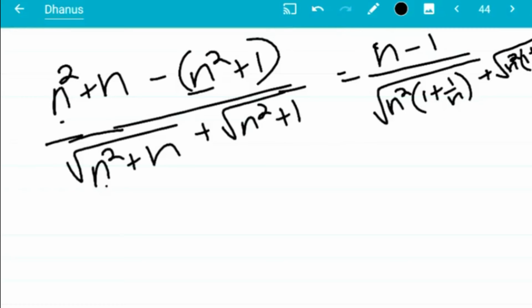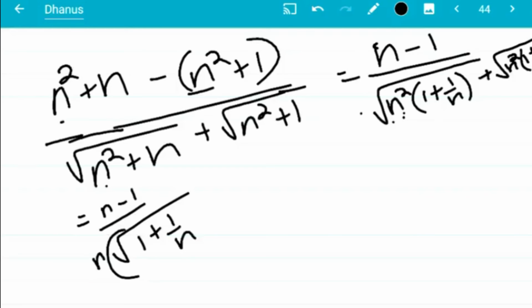This thing is equal to n minus 1 by n into, taking this n square outside, and it was a root so that will be n, root of 1 plus 1 by n plus root of 1 plus 1 by n square.